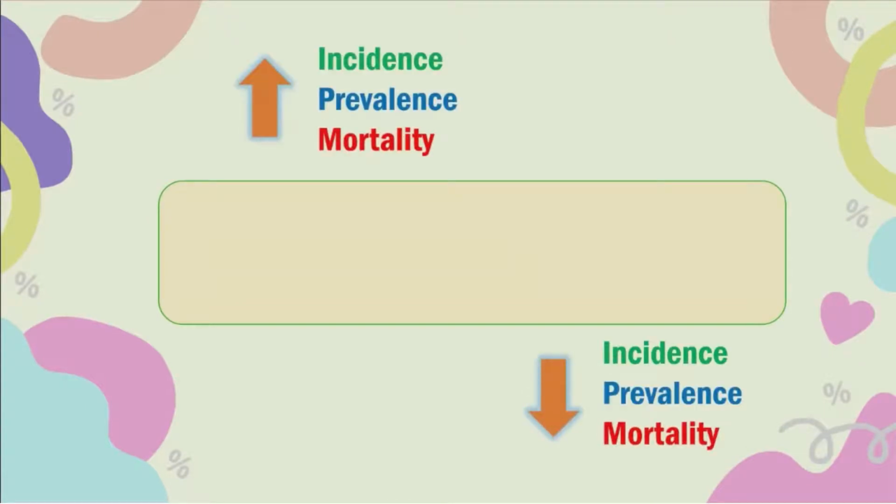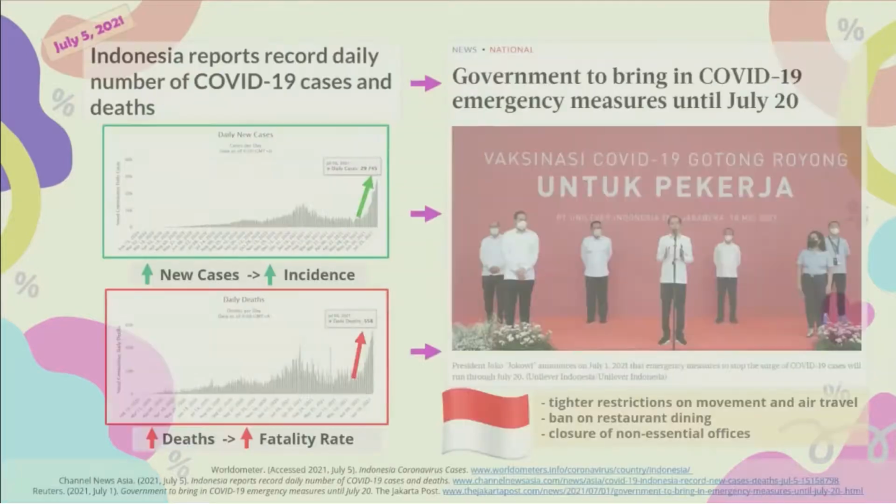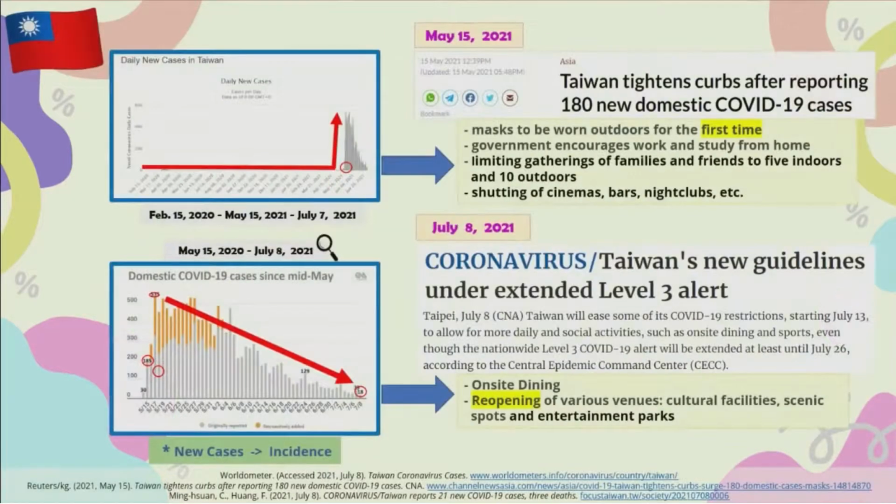These 3 frequency measures are computed using their specific formulas, with the quotient converted into percent and then interpreted in context. Increases or decreases in these frequency measures provide the government's targets and basis for their plan of action.